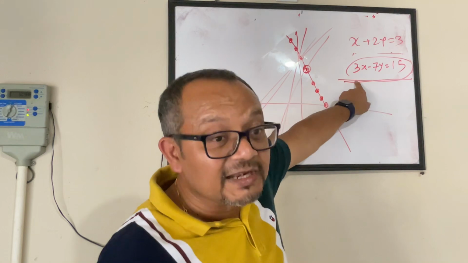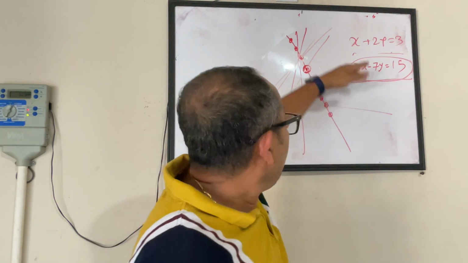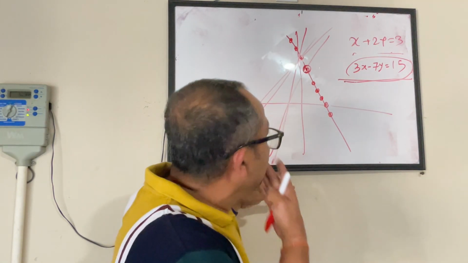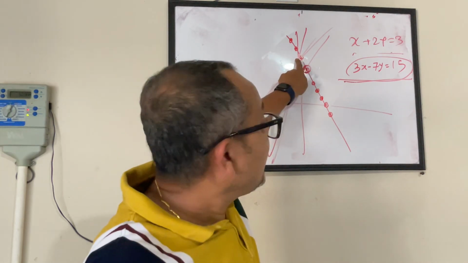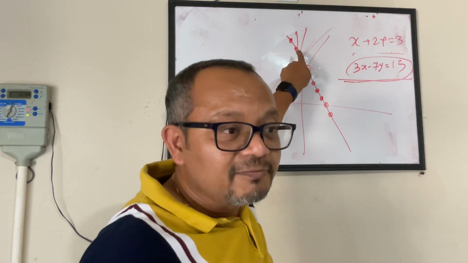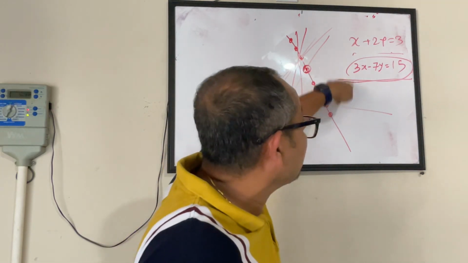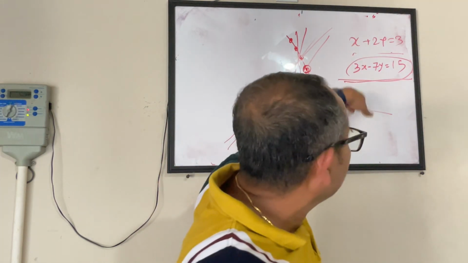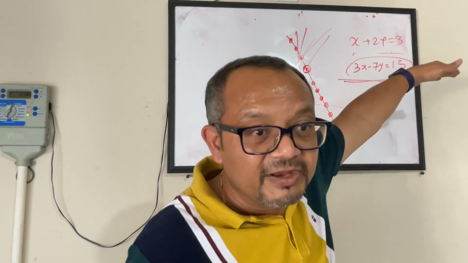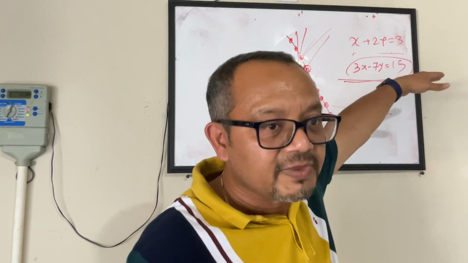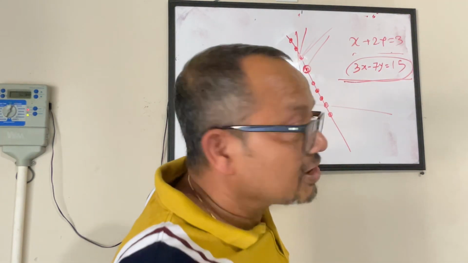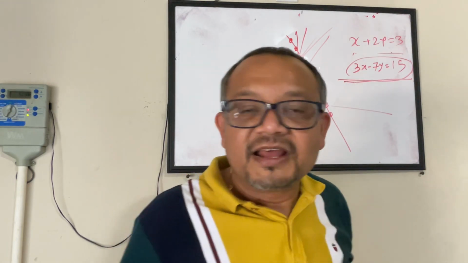Now if I have a second linear equation as well, I draw the line. Wherever it meets, that point's x and y coordinate gives me the solution for these two linear equations, which we can solve manually the way we tried solving yesterday, or we can just draw two lines and wherever they intersect, that is my answer.